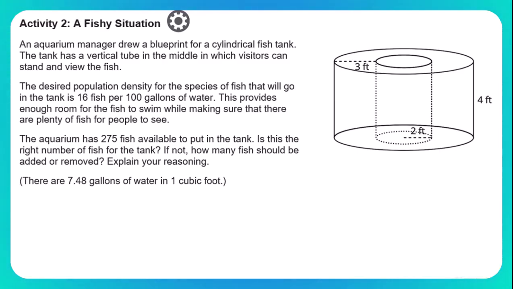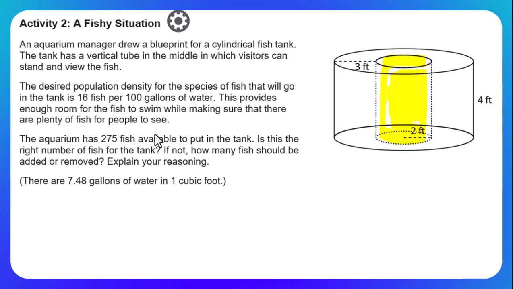An aquarium manager drew a blueprint for a cylindrical fish tank. The tank has a vertical tube in the middle in which visitors can stand and view the fish. So here in the middle, visitors can stand inside of here and view the fish in the cylindrical fish tank that's surrounding them.